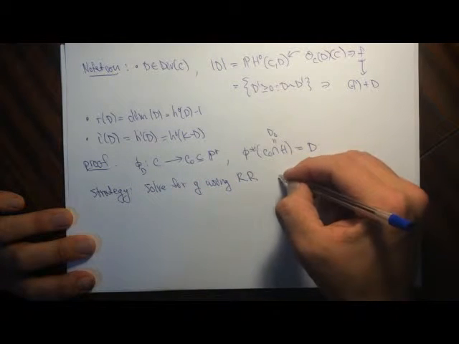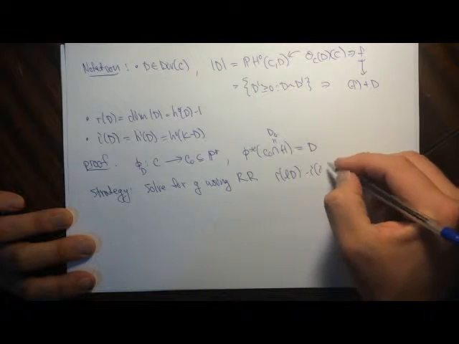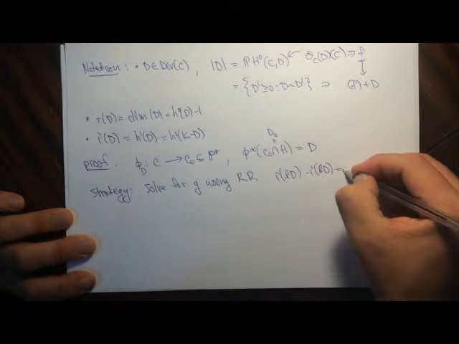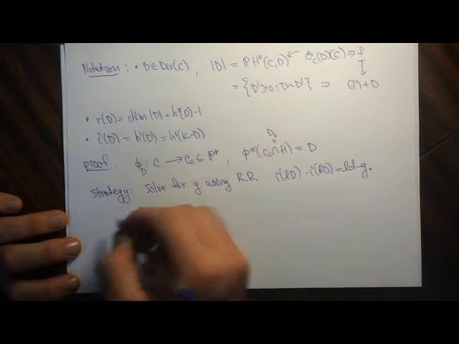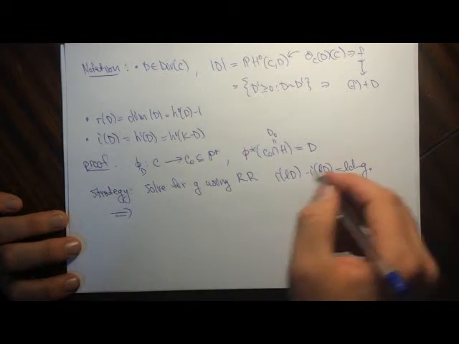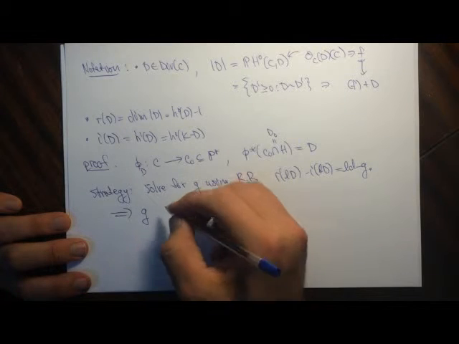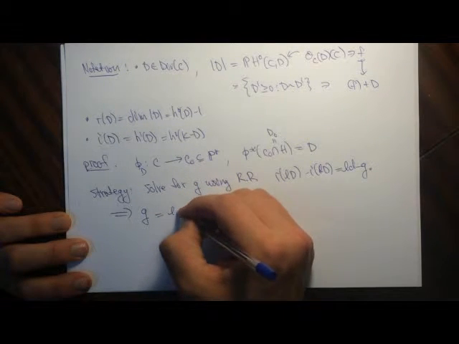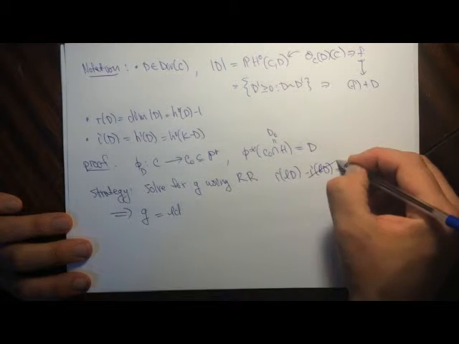Riemann-Roch says that we have the following equality. When we solve for G, it gives us that G is equal to L D. We're going to take L big enough so that this goes away.